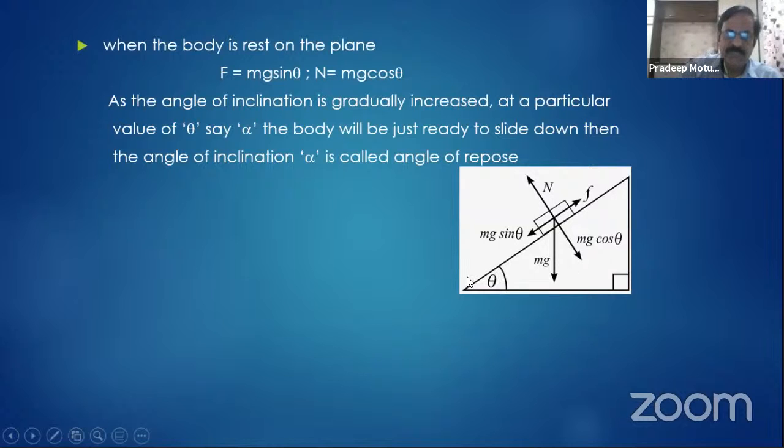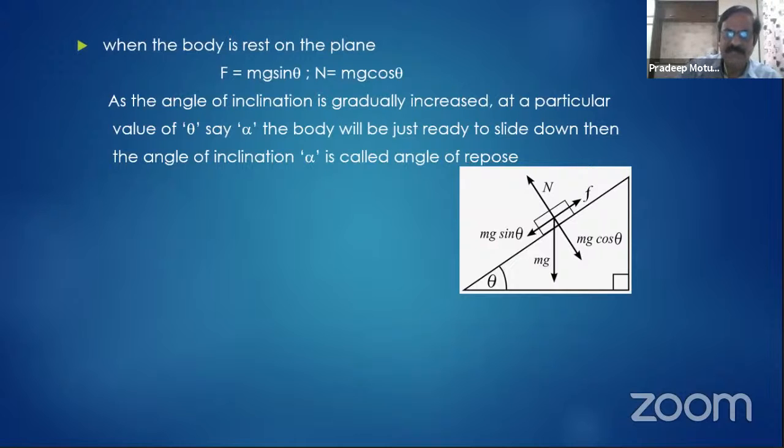Now, if the inclination is gradually increased, what happens at a particular value of theta, say alpha? The body will be just ready to slide down.